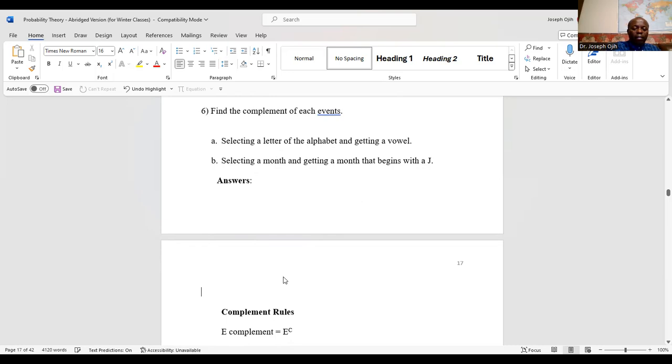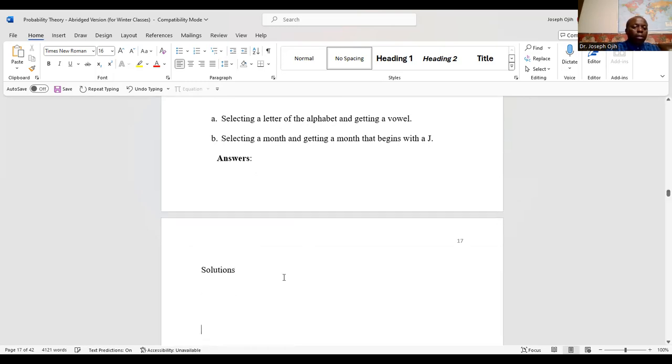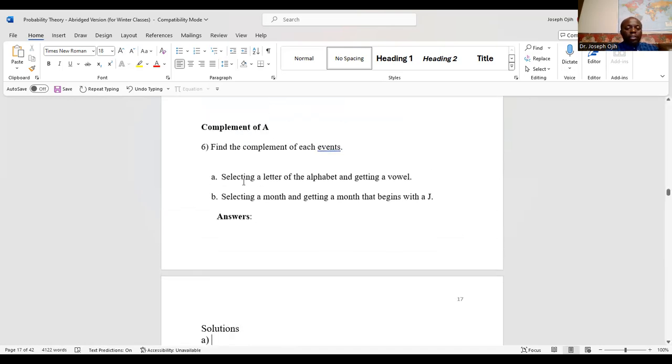So let me write the solution so we can answer that question. Part A says, selecting a letter of the alphabet and getting a vowel.